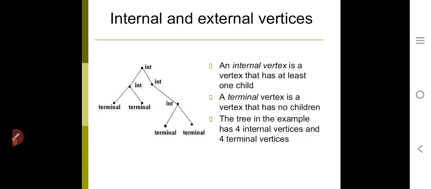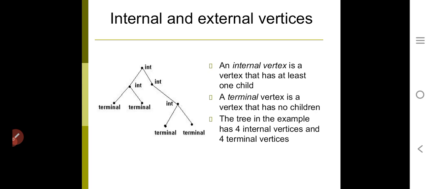Then we see what an internal vertex is and what an external vertex is. An internal vertex has a degree of 2, and it has only one child.